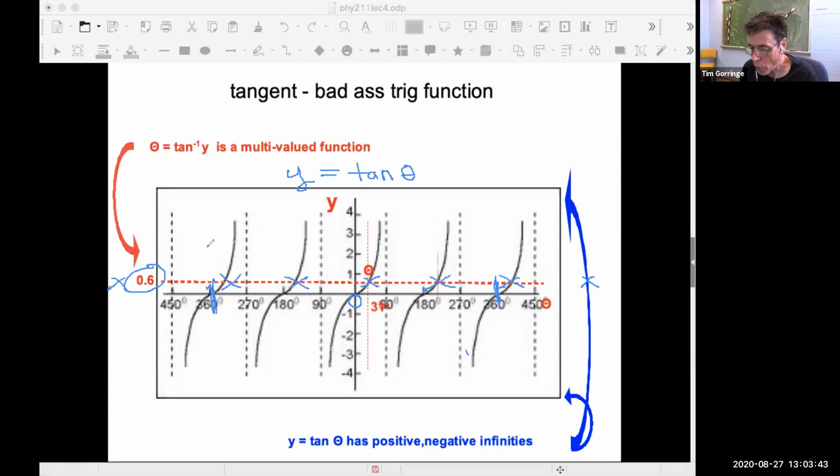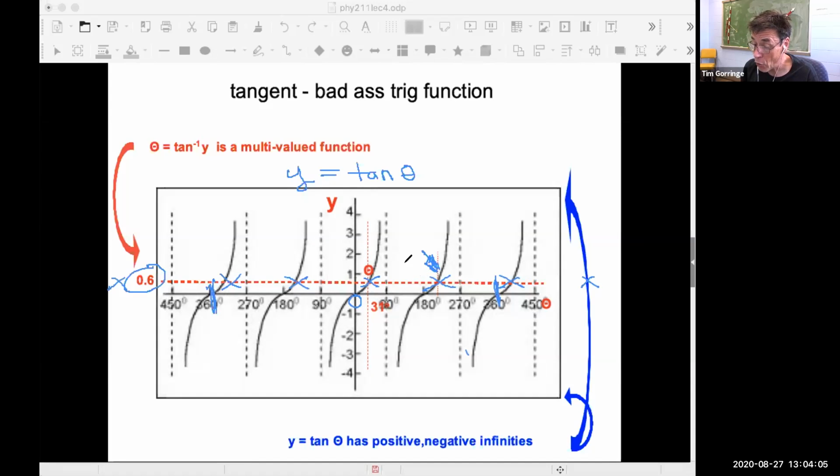So when you are calculating theta, knowing the tangent of theta, you have to remember that your calculator might give you one value. Supposing it gives you this one here. Your calculator says it's this one, or this one.